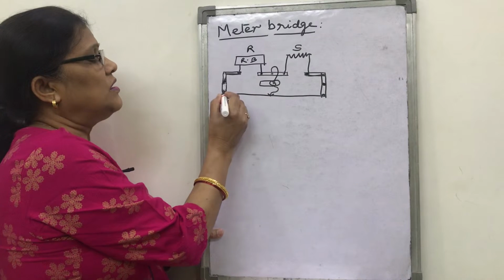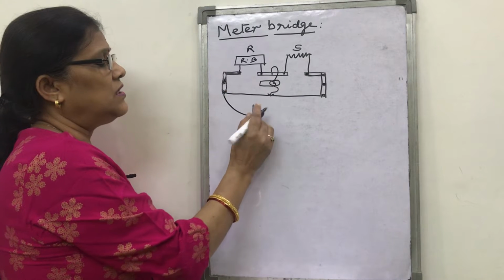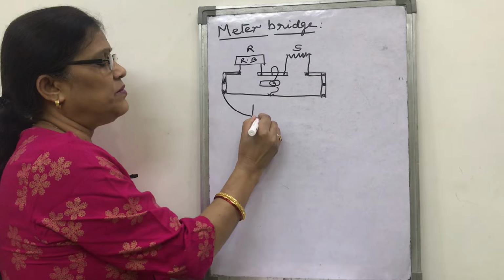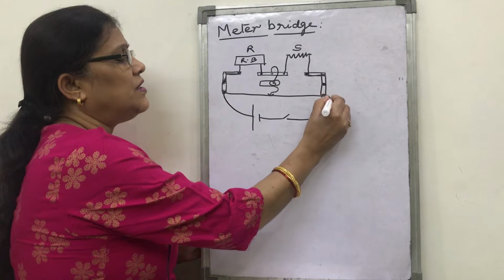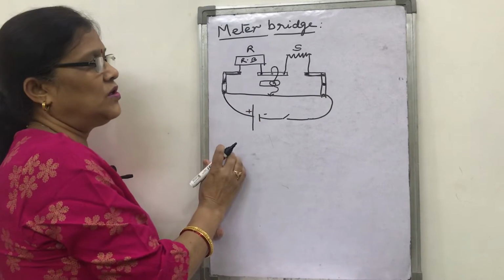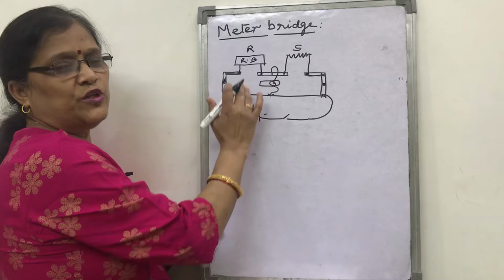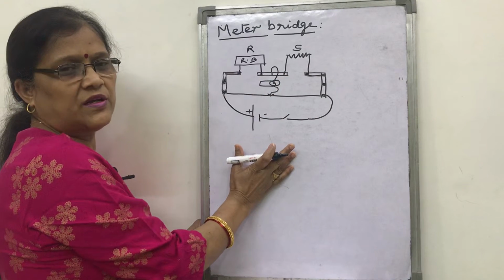Now at one end of the wire, the positive terminal of the cell is connected, and the other end is connected with the negative terminal with the help of a key, like this. So this is the arrangement and connections made in the meter bridge experiment.